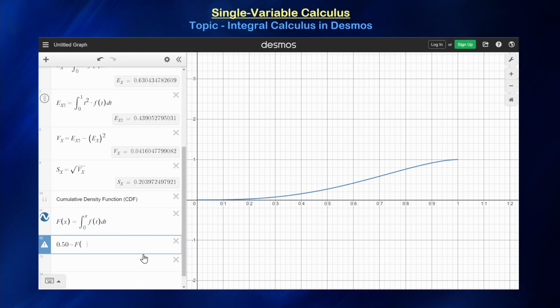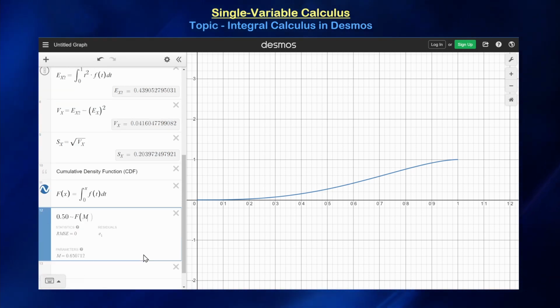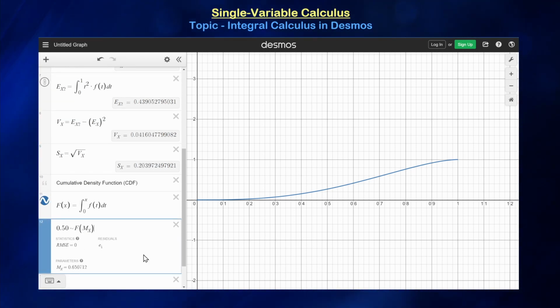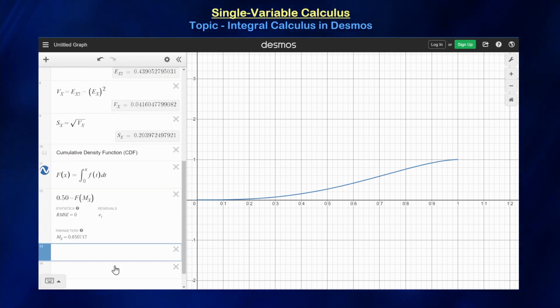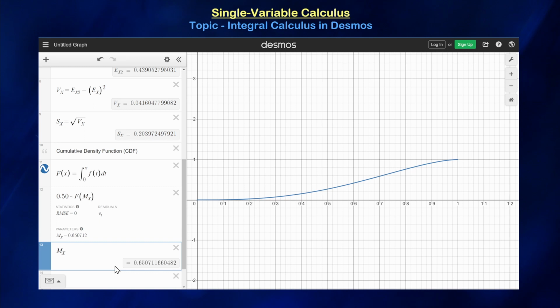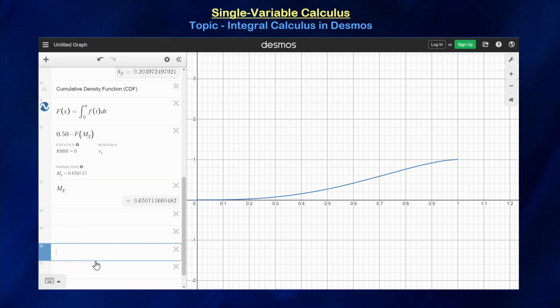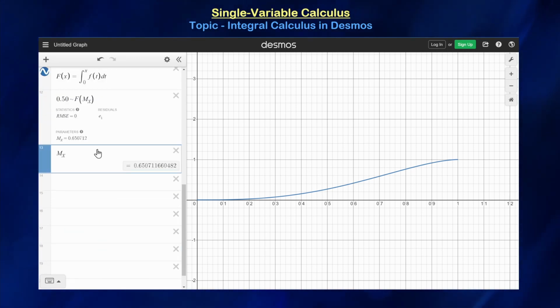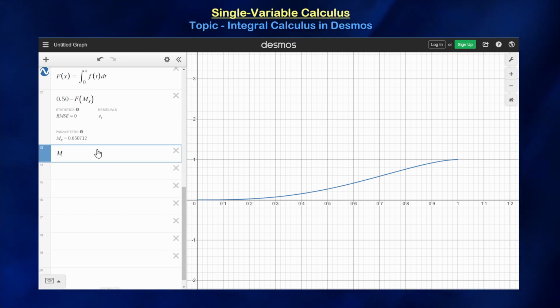Since the 50th percentile is the median, I'm going to call this capital M sub x. Therefore, it's going to store the answer 0.6507. That is going to give us the median of this value, and then you can do anything with calculations with this number if you desire so. So that's how you calculate the 50th percentile. But what if you want another percentile?